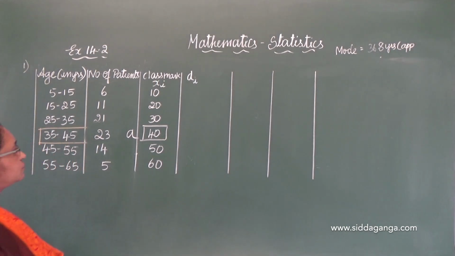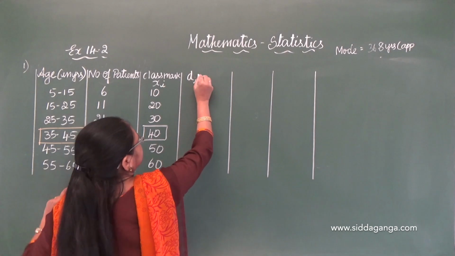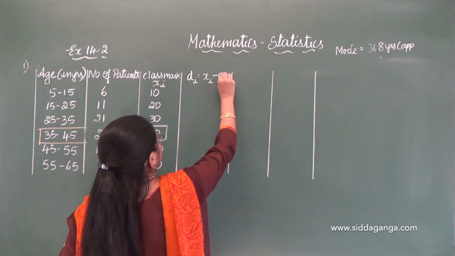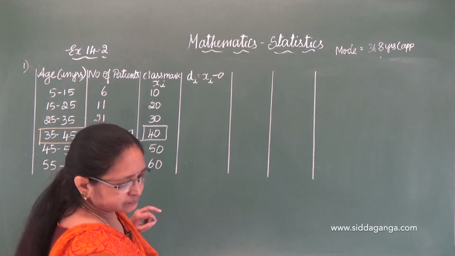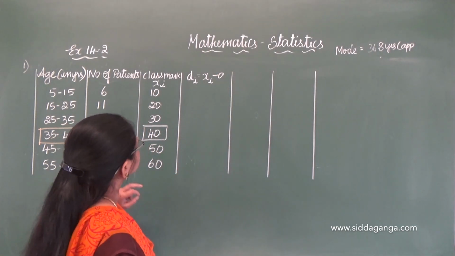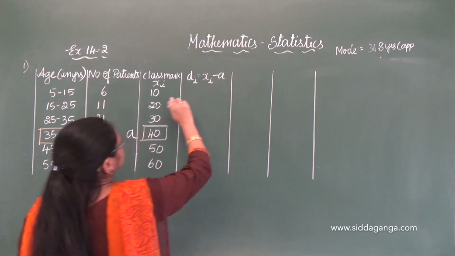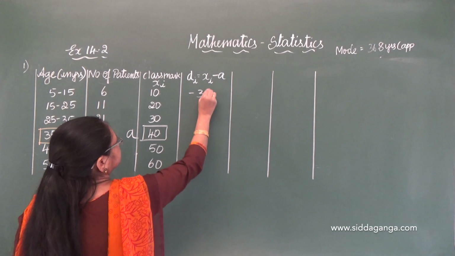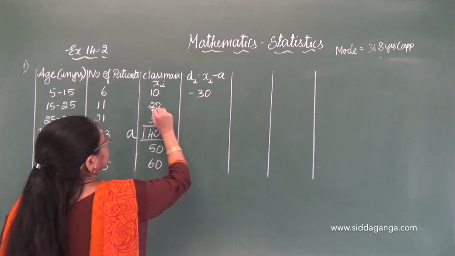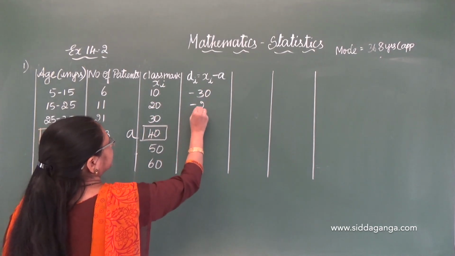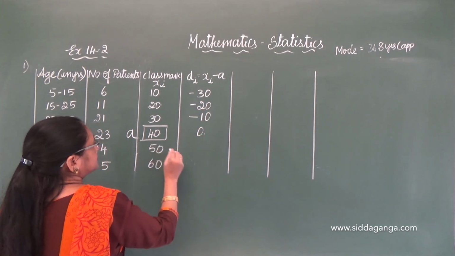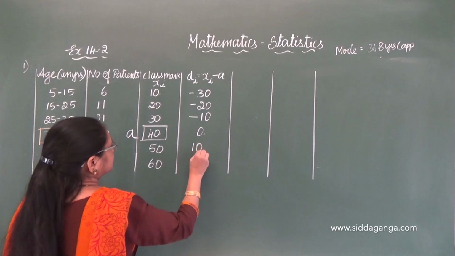So this will be xi minus a: 10 minus 40, minus 30, then 20 minus 40, minus 20, then minus 10, 0, 10, 20.